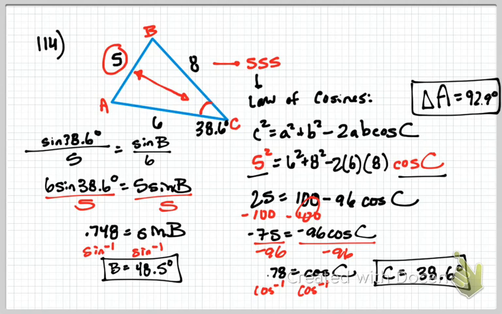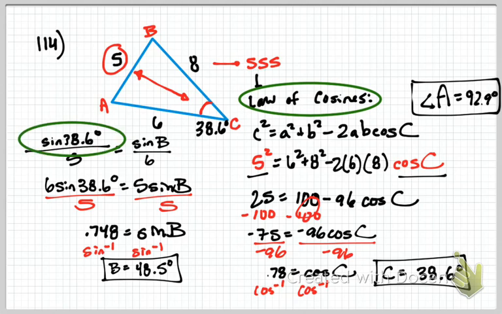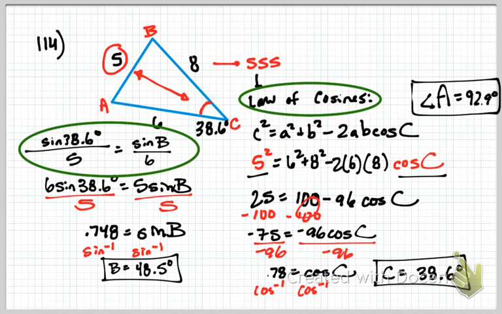And that will be our last angle. And that's just using 180, adding them up. So law of cosines in the beginning, to law of sines, and then we finish up with just subtracting from 180 here. Alright, I hope that helps with 114. You'll probably see this on your quiz or something like that on Tuesday.